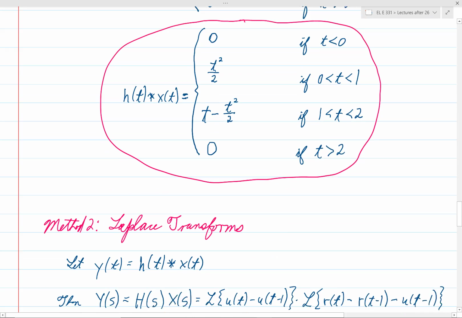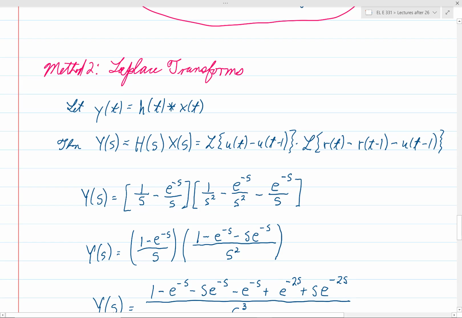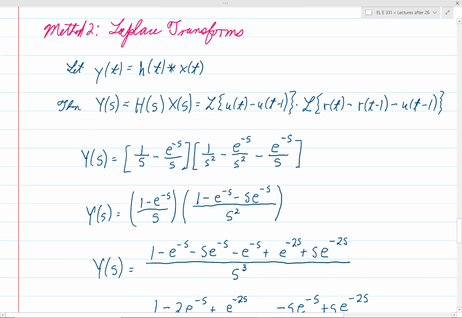And now I want to do this in a completely different way, and that is with Laplace transforms. And I really strongly recommend that you look at this very closely, because in some cases it is a very attractive alternative. Now, I'll tell you personally, for this problem, when I worked it, I found this to be a little more tedious than the graphical technique.